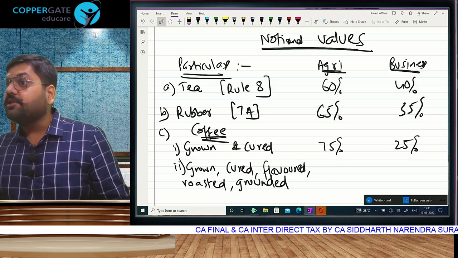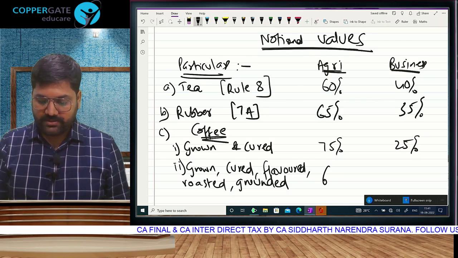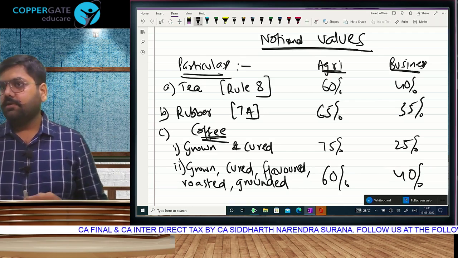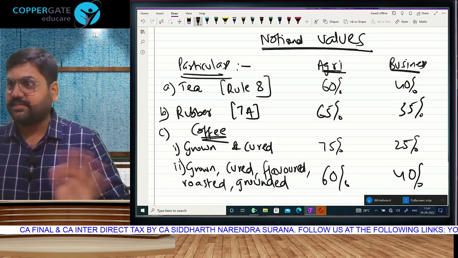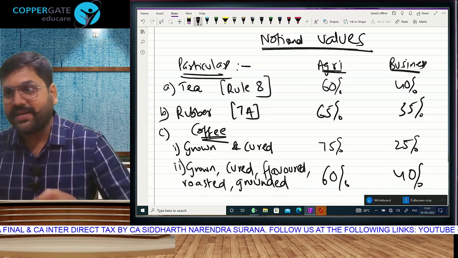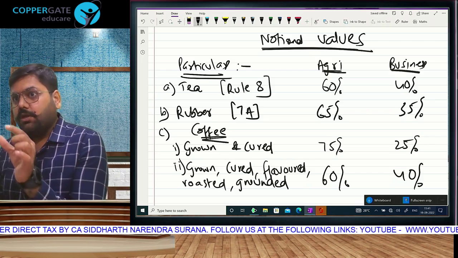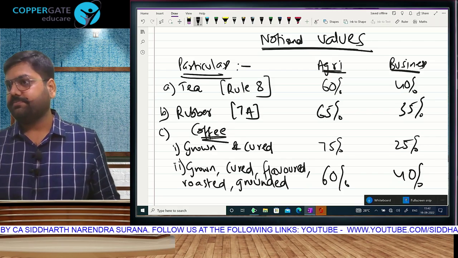That means we are increasing the component of business and reducing the component of agriculture. In such a case, 60-40, same as tea. So in tea that is a random percentage 60-40, and rubber. Tea and rubber are very easy, 60-40, 65-35. Complications arise in coffee. You have to be careful. If they use the words grown and cured, only this much.